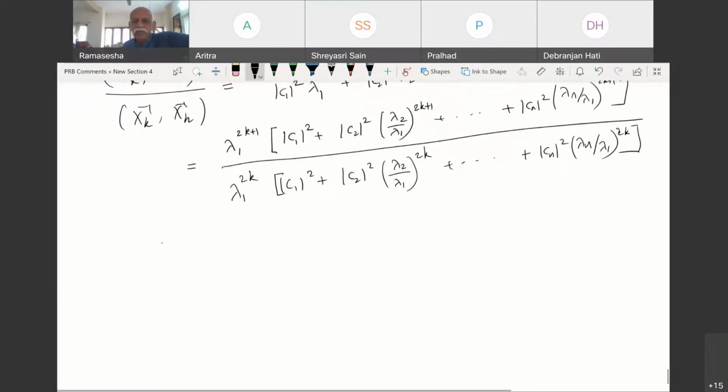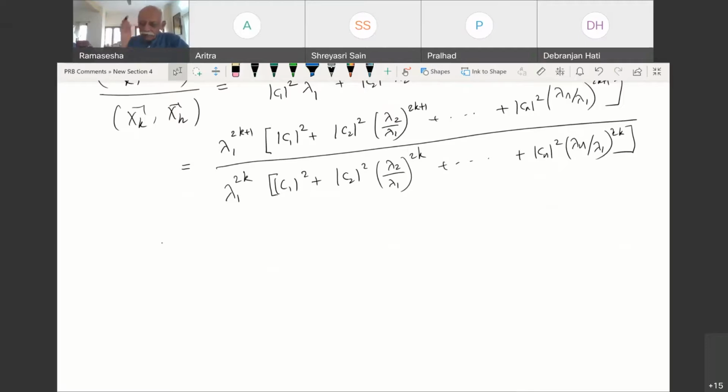Now, can you tell me what happens? Lambda 2 by lambda 1, lambda 3 by lambda 1, etc. up to lambda n by lambda 1 are all less than 1, right? Since lambda 1 is the highest eigenvalue.